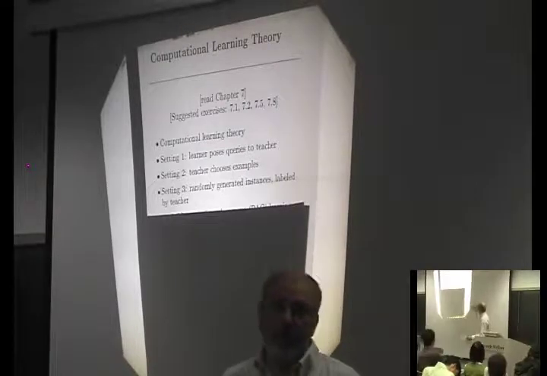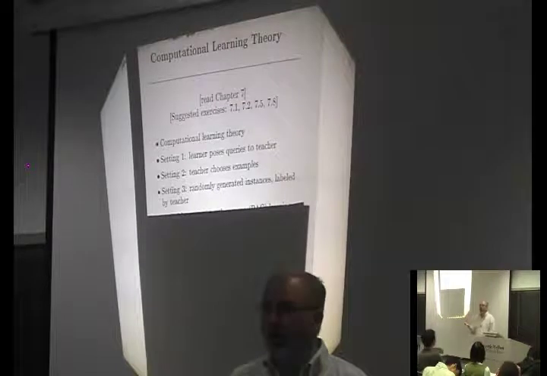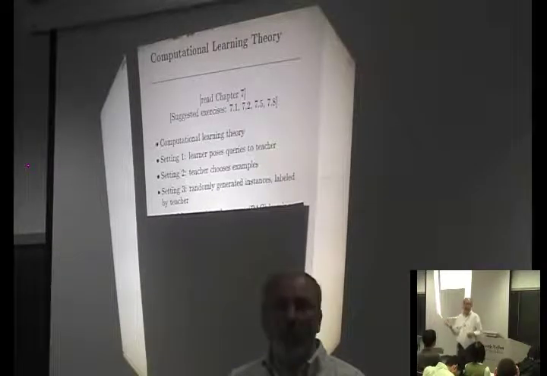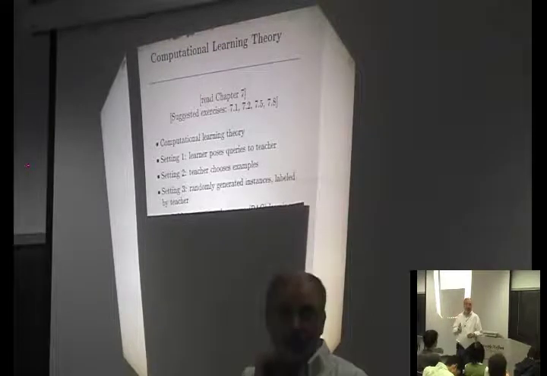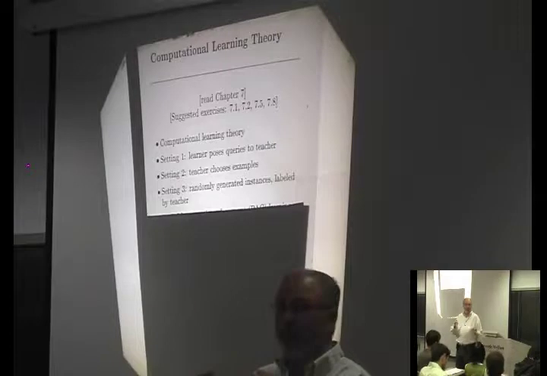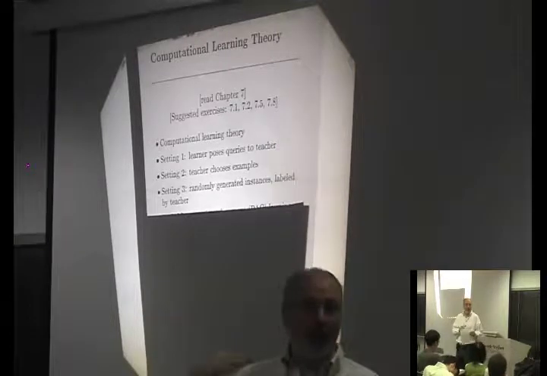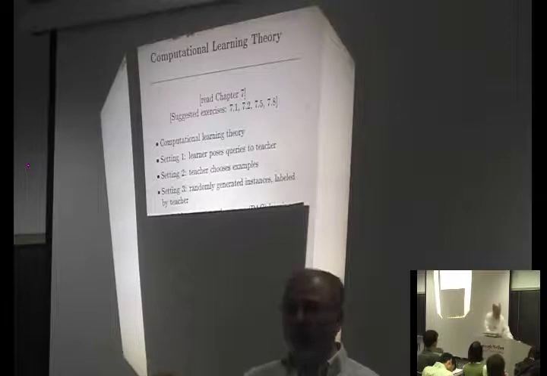We already said that for the first setting, when the learner poses queries, a good strategy is a 20-question game: choose a question that cuts the hypothesis space in half. So how many questions would you need to ask to shrink everything down to a single hypothesis? If every time you cut it in half, the answer is you need log base 2 of the size of the hypothesis space, right?